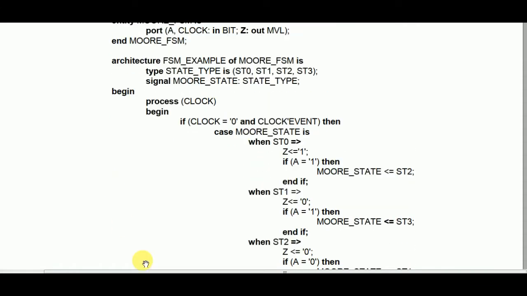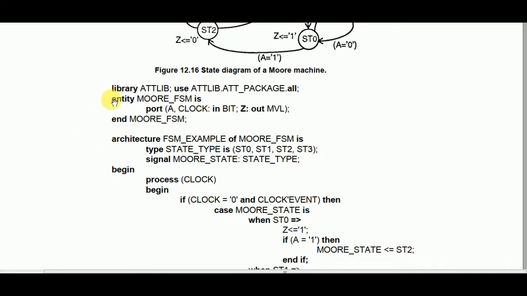Here, you can skip the first library statement and use our common header files: library IEEE; use IEEE.std_logic_1164.all. Then the entity starts here. We start with entity Moore_FSM is; the name of the entity is Moore_FSM.